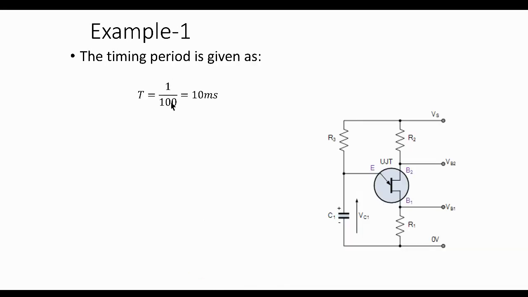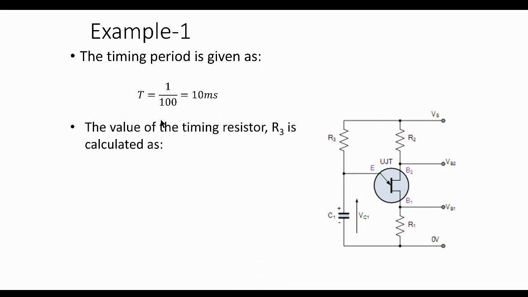That's 1 over the frequency. That gives us 10 milliseconds. And now we can substitute in the equation and rearrange the expression to make resistance the subject of the formula.